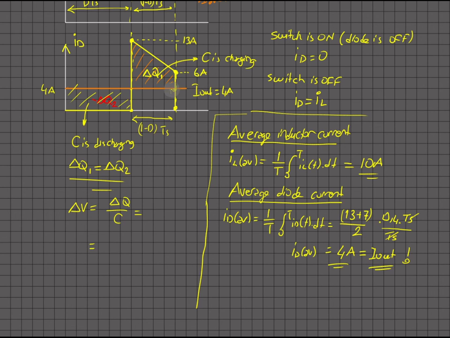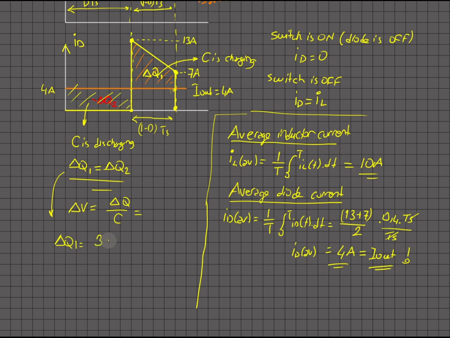So here I have to calculate not all the area, but just this area. Or again, you can calculate here, and let's calculate both of them and show they are equal to each other, right? So delta Q1 is equal to, sorry, I think this should not be 6 amps, this should be 7 amps. The distance was 6 amps. Anyway, here I want to calculate that orange area.